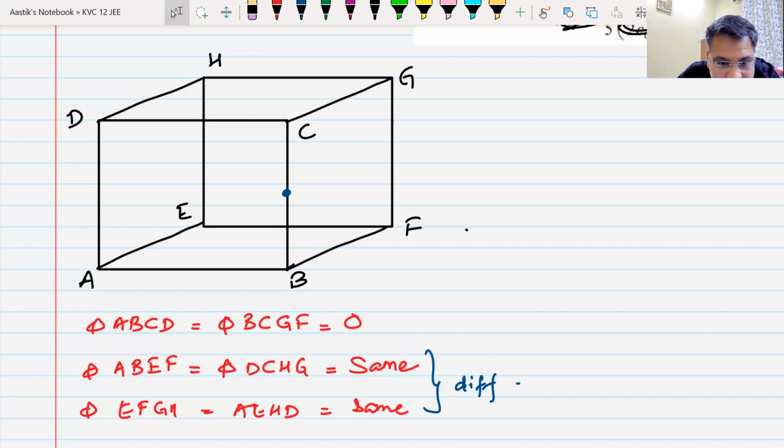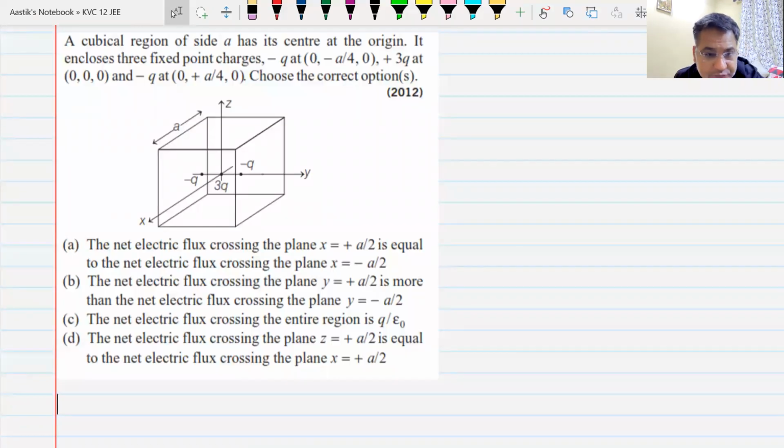This is a question probably I was talking to you about, from JEE Advanced 2014. I think it's multiple choice, correct? Do you see the question?